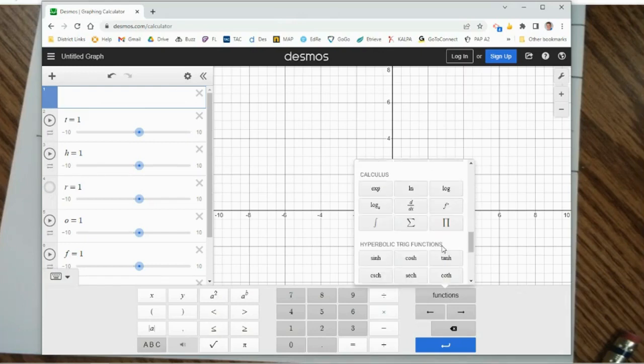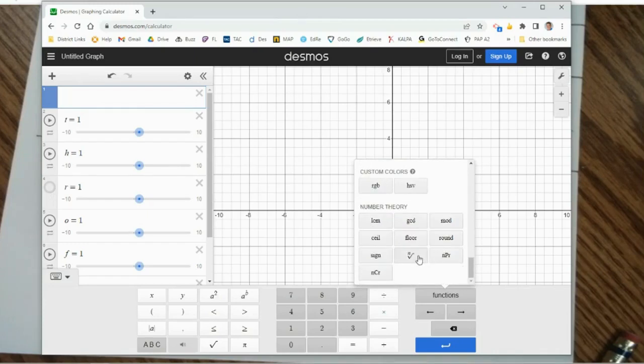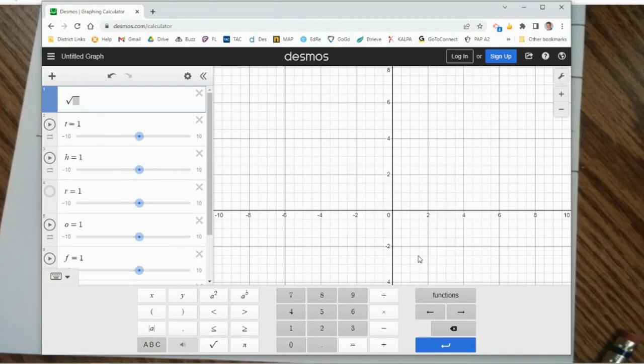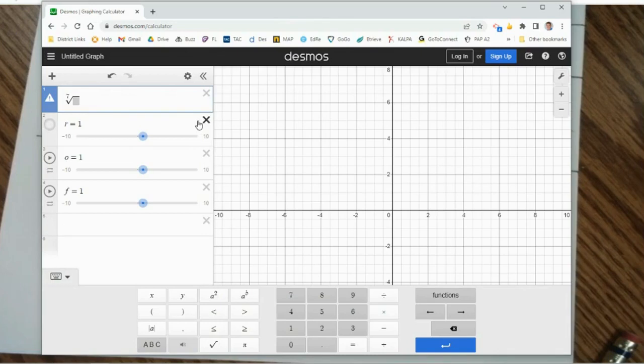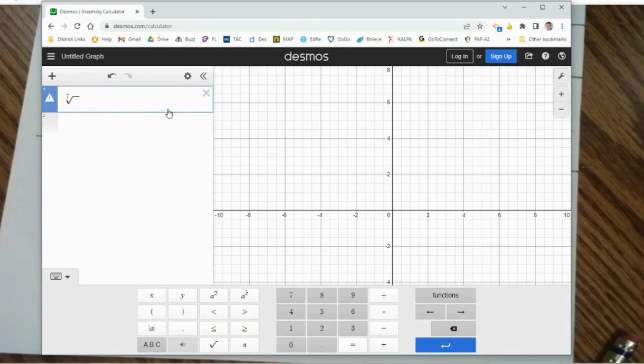We have lots of options in Desmos here. There it is. See that? It's got a number up there where you can say, I want the 7th root. I want the 7th root of this number, 78,125, and that gives us negative 5.